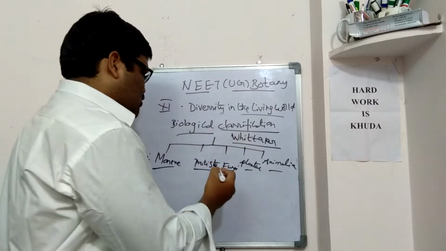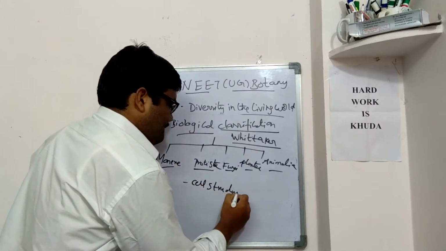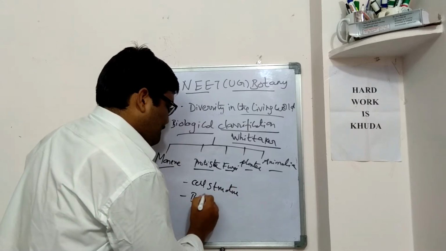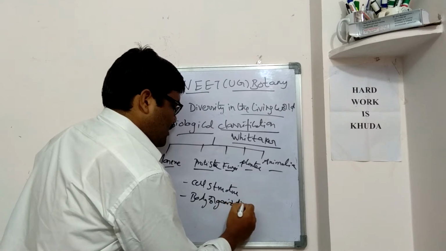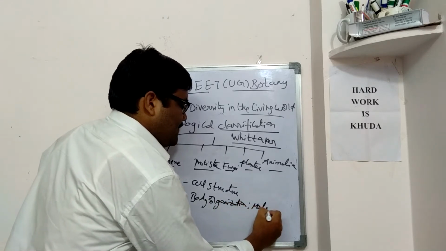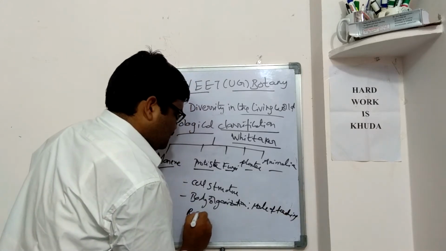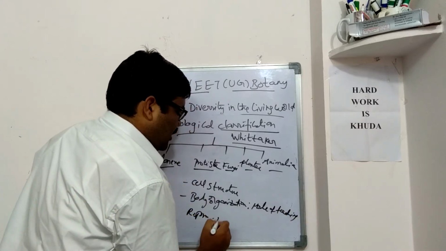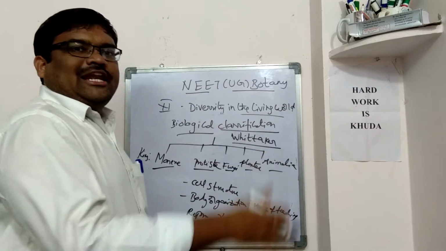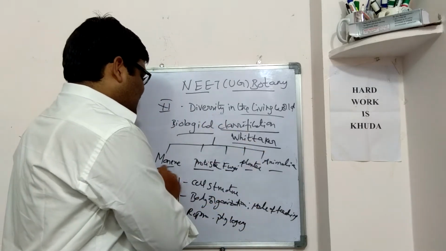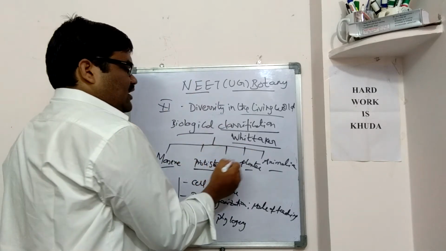As I mentioned, cell structure, body organization, mode of feeding, reproduction, phylogenetic relationship. Based on these characters, he classified all organisms into 5 kingdoms: Monera, Protista, Fungi, Plantae and Animalia.